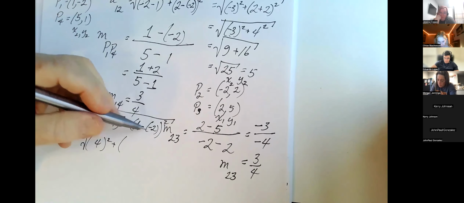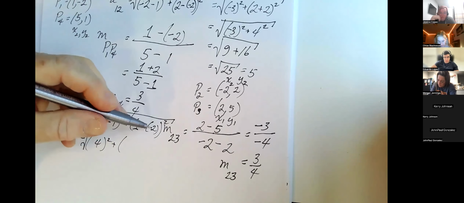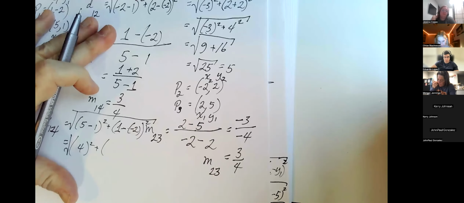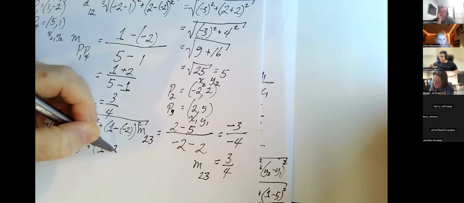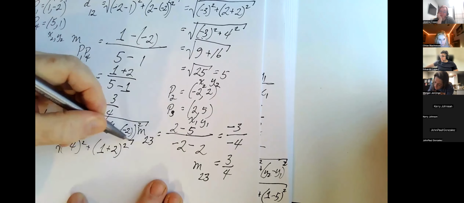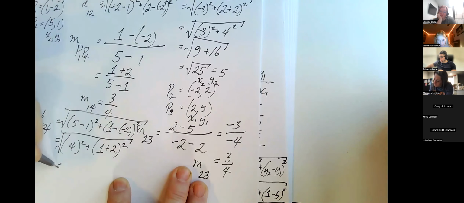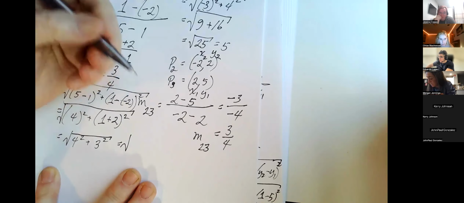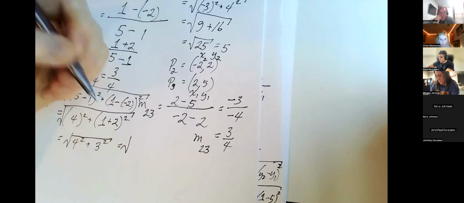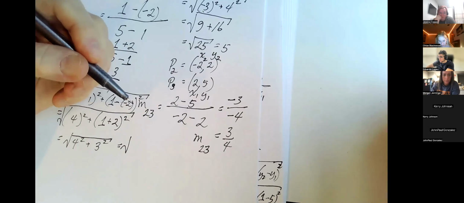and what did we say we have to do if we have 2 negatives in a row? They become a positive. Good. So this is 1 plus 2 squared, and what is 1 plus 2? 3. 4 squared? 16.